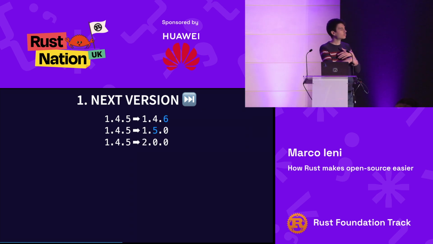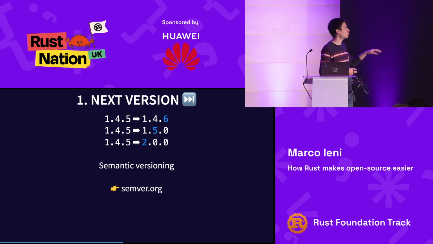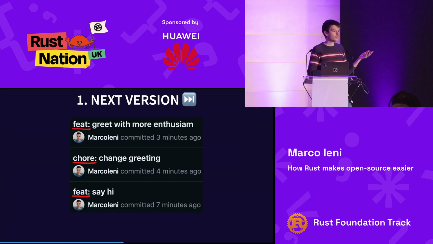Or maybe you have breaking changes and you need to bump the major version. But this is of course according to the semantic versioning rules. It's hard. You need to review your commits and determine what was going on.